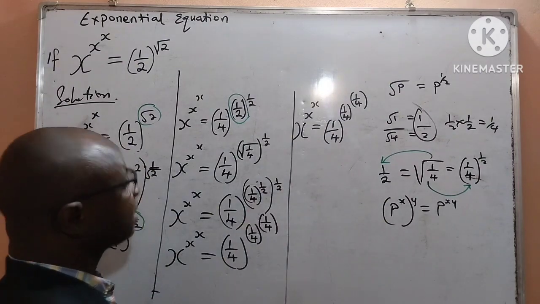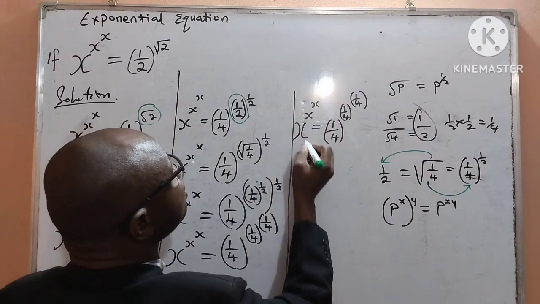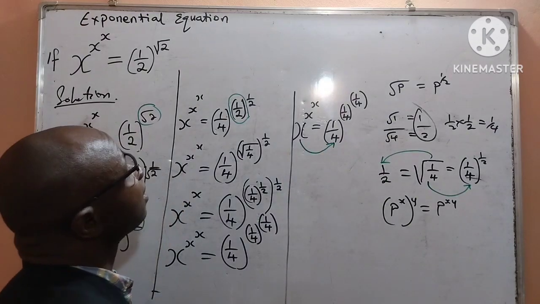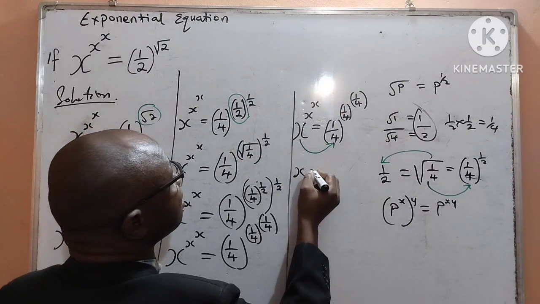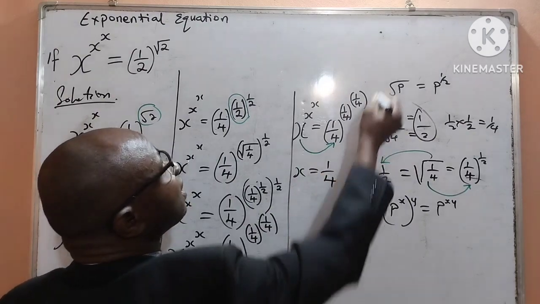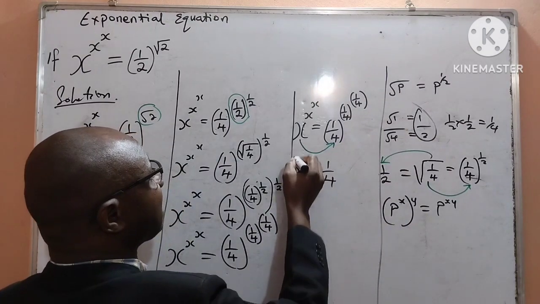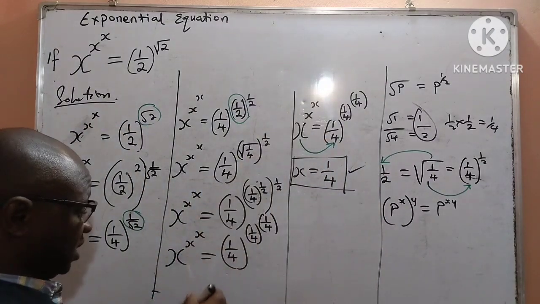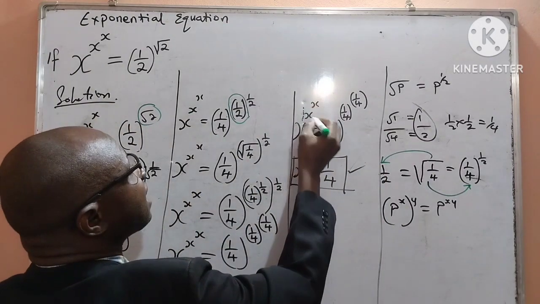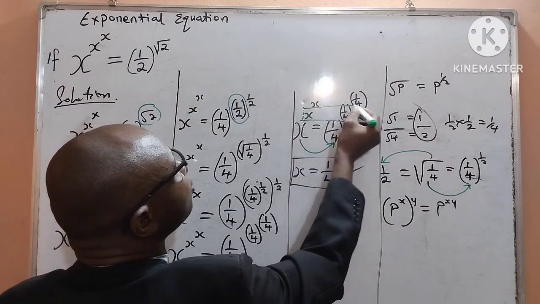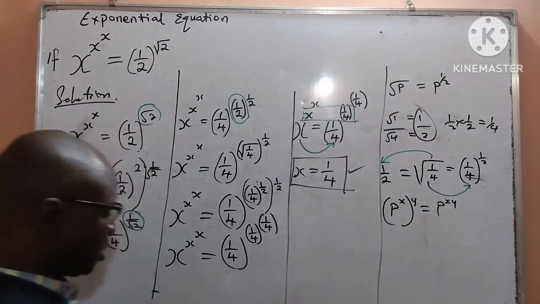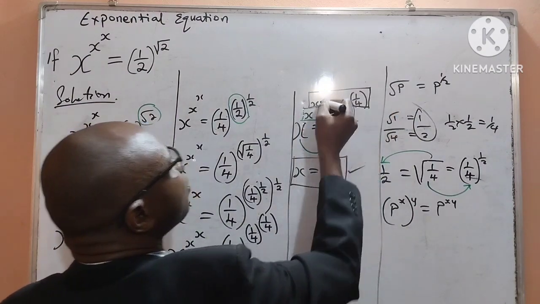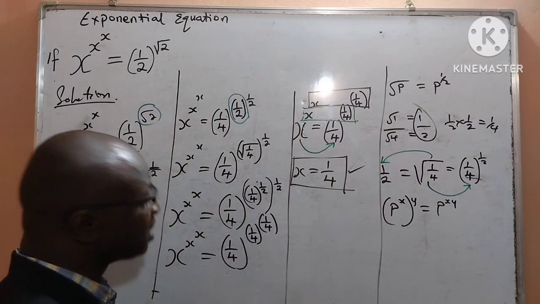We can now say that this x is equal to 1 over 4, therefore x is equal to 1 over 4 as our final answer to the question. Or you say that this x is also equal to 1 over 4.